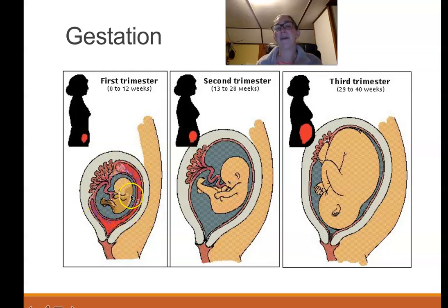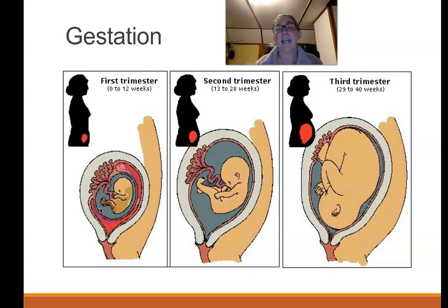So you don't see a lot of growth. But all of the foundations for the fetus are laid in the first trimester, which makes the first trimester really the most fragile trimester, because if anything goes wrong in those early stages of development and those early cell divisions, if there's an error or a mutation, then that just snowballs as the fetus grows. And so the first trimester is also the most likely time to miscarry.